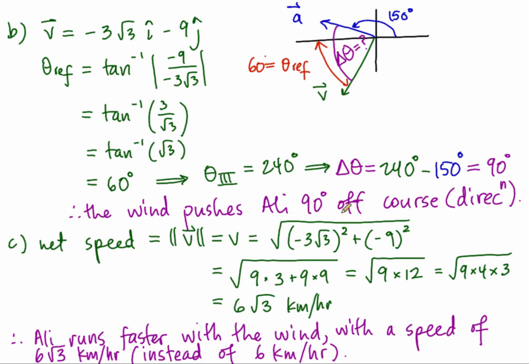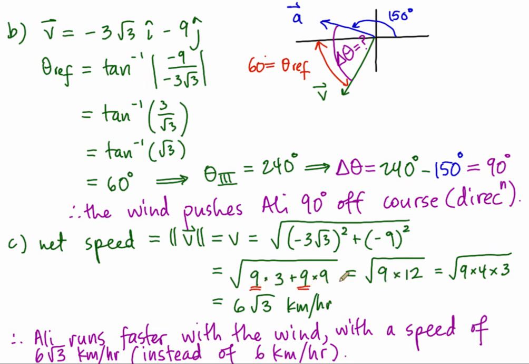In part C, we are coming up with the net speed, and so we use Pythagorean Theorem. The net speed is going to be 6 times the square root of 3, and you can see that I've done some maybe unusual factoring here. I find it helpful for simplifying the radical. After I square both terms, I can keep the negative 9 squared or the 81 in factored form, and I can see a common factor of 9.